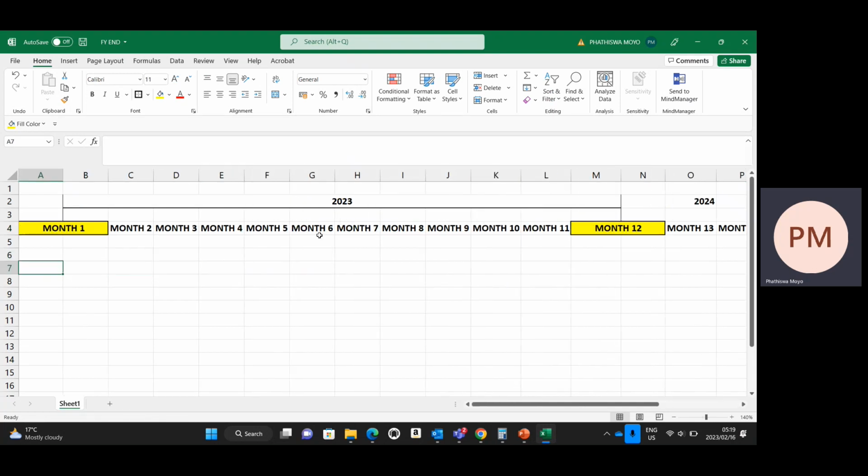If you take key man insurance in month 7, they'll give you from this month up until 2024 month 6. You won't change your financial year end because you got insurance during the year. So be mindful, guys. Be vigilant of that. The other months that will be consumed or incurred in the next financial year will be recorded in that year.